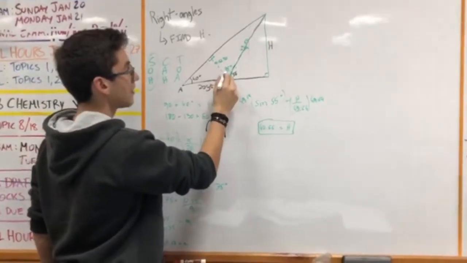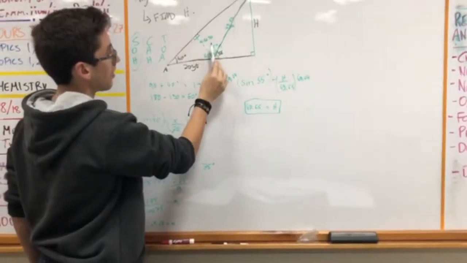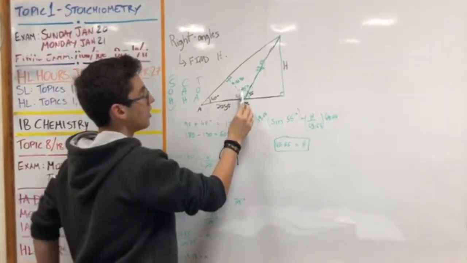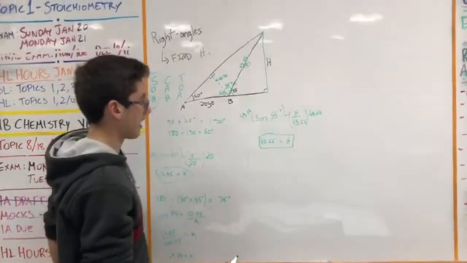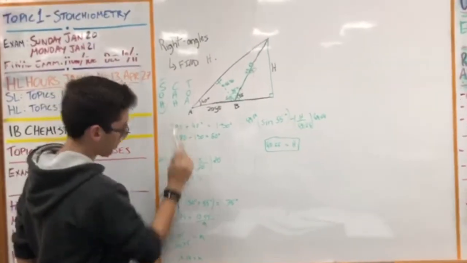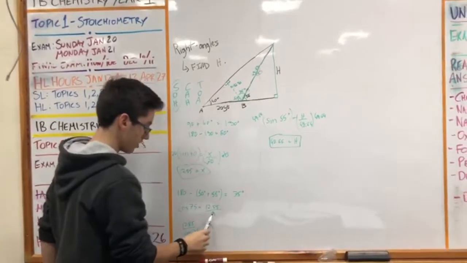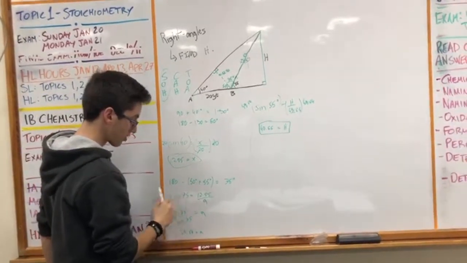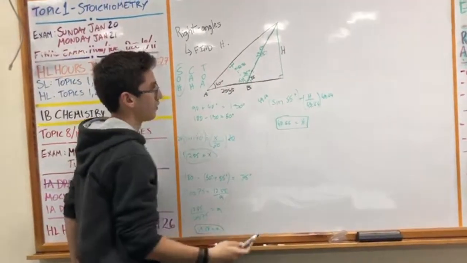So if you have 75 and 12.85 for this length, you're going to use the adjacent side of the angle, which is 12.85, divided by the hypotenuse, which we're trying to solve, which in this case is A. So it's cosine of 75 equals 12.85 over A. Again, you solve it algebraically: you divide 12.85 by cosine of 75, and you get 49.64 as A. So as you can see here, 49.64.